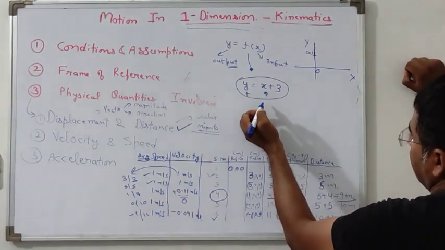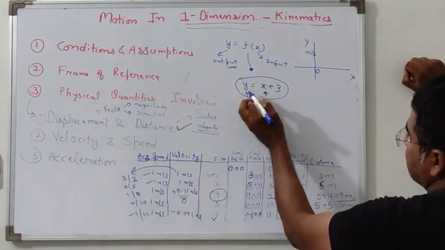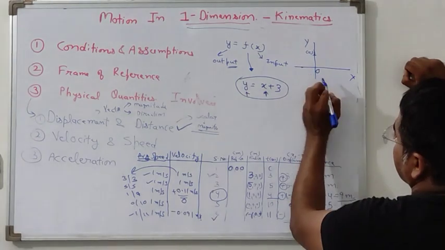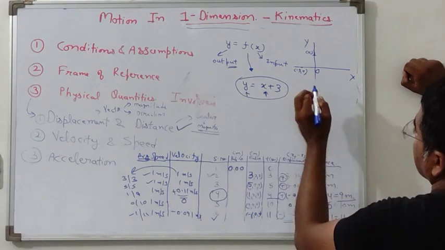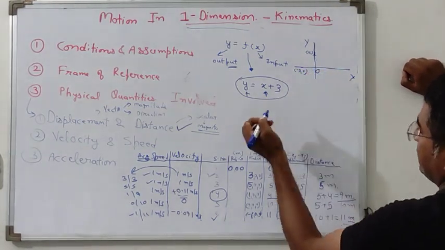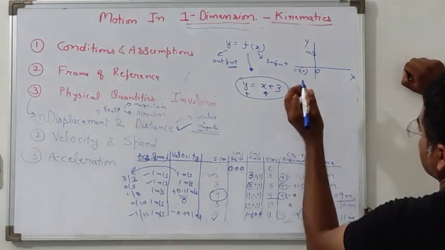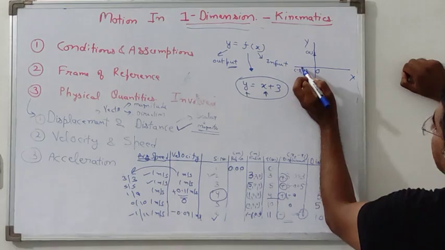And similarly, for y is equal to 0 on the x-axis, x will be minus 3, so (-3, 0). As we know, these are first order equations and this is the equation of a straight line. So we have the 2 points and it is enough to trace the curve.